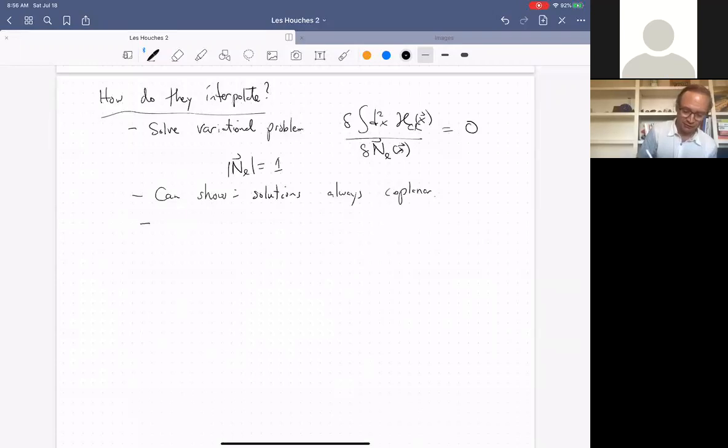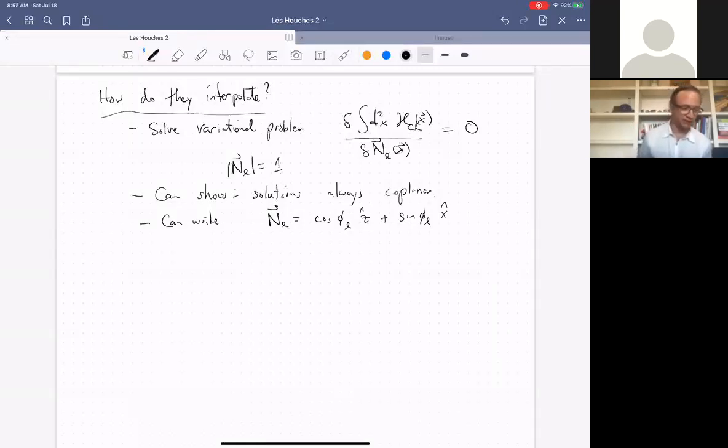So this should be pretty plausible. It means we can solve the constraint and reduce the degrees of freedom to 1 angle per layer. We write NL as cosine phi L. We choose this plane to be, for example, the ZX plane. The plane should always contain the Z-axis because the spins preferentially align along Z, at least if we have any anisotropy.